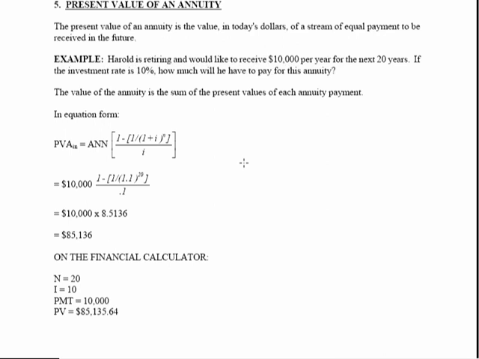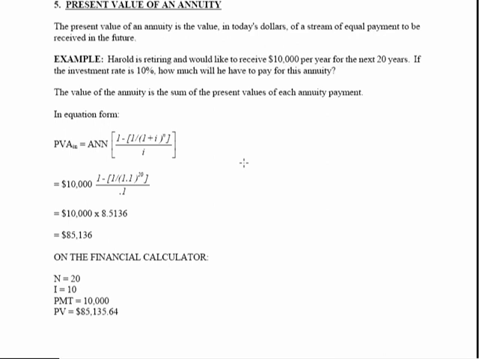So one way we could think about this problem would be to discount $10,000 back 1 year, $10,000 back 2 years, 3 years, 4 years, so on, 19, 20 years. So we could think of it as 20 individual present value of a lump sum payment problems, or we can simply, because it's an equal payment, an annuity, simply calculate the present value of an annuity.